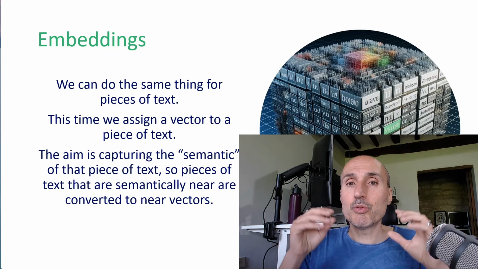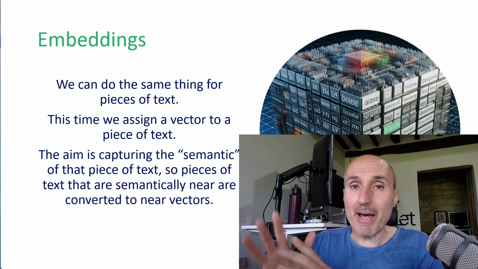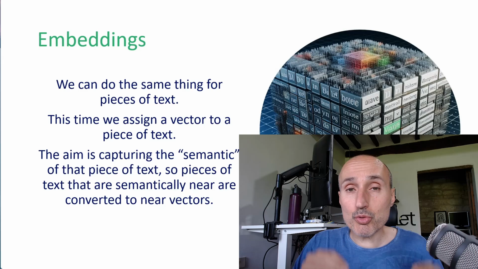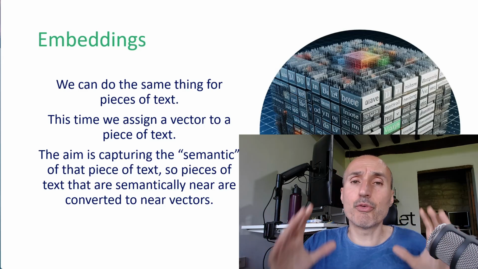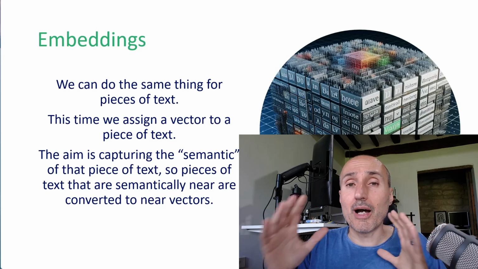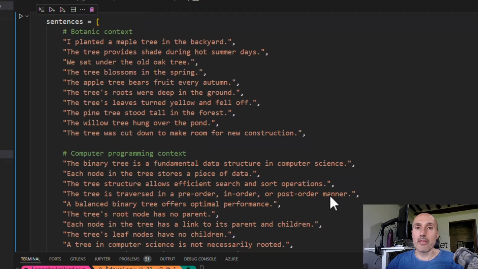But now I want to show you that the embeddings in this model are most suitable to work with sentences, with a very simple example that gives you the idea of how this model works. In this example, I have 30 sentences. I had GPT-4 create the sentences for me.